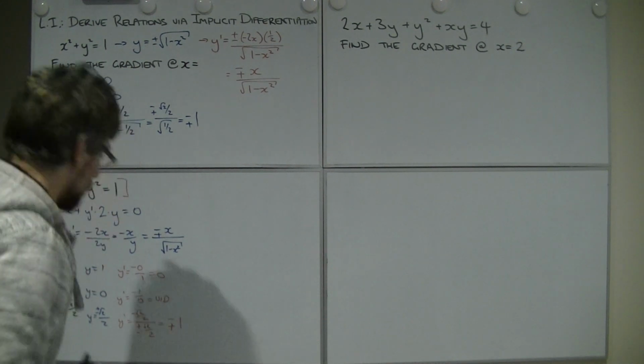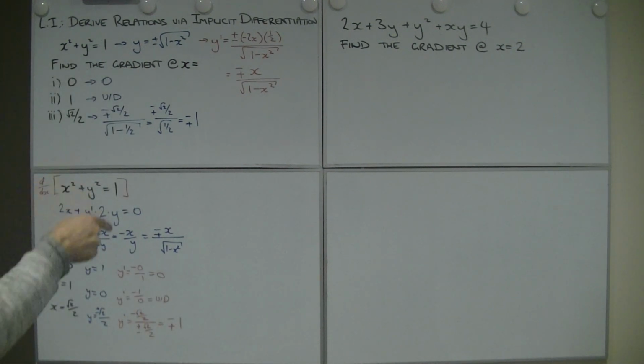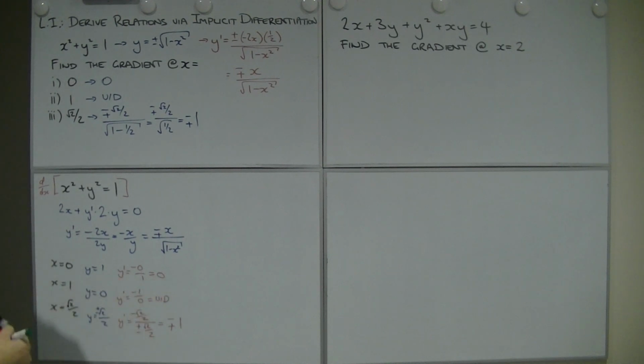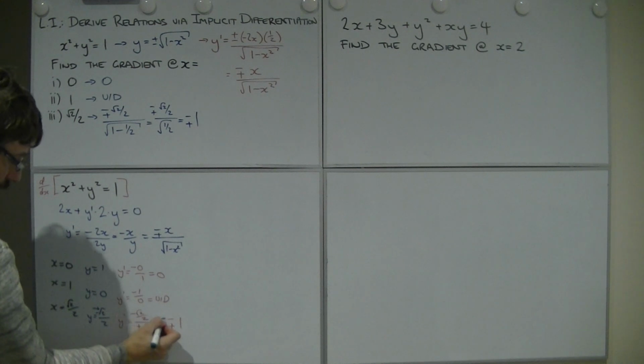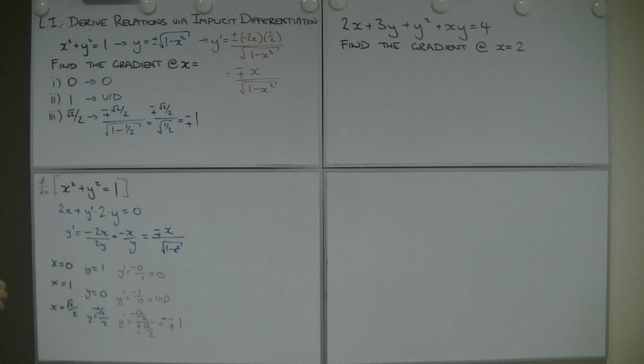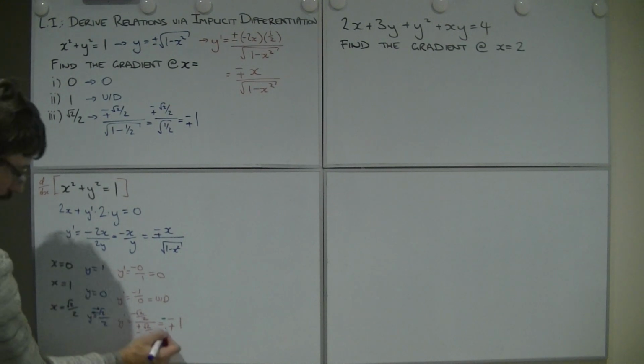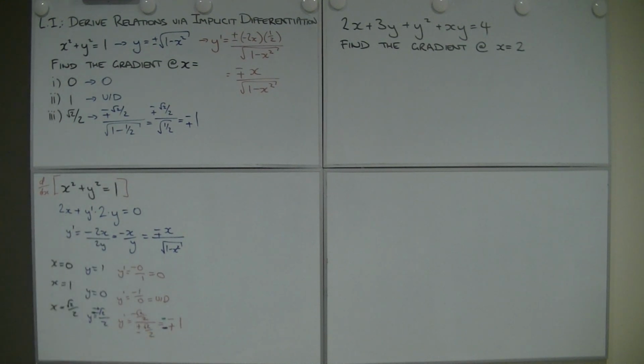Now, you might be going, well, hang on, why are you bothering with having plus minus on minus plus? It means the same thing, right? So, yes, that by itself does mean the same thing. The reason that I'm being careful about flipping them around is that when I have a positive y, I get a negative y prime, and when I have a negative y, I end up with a positive y prime.